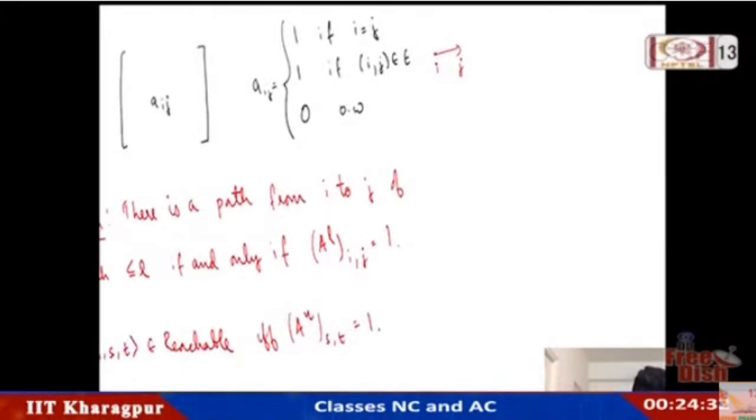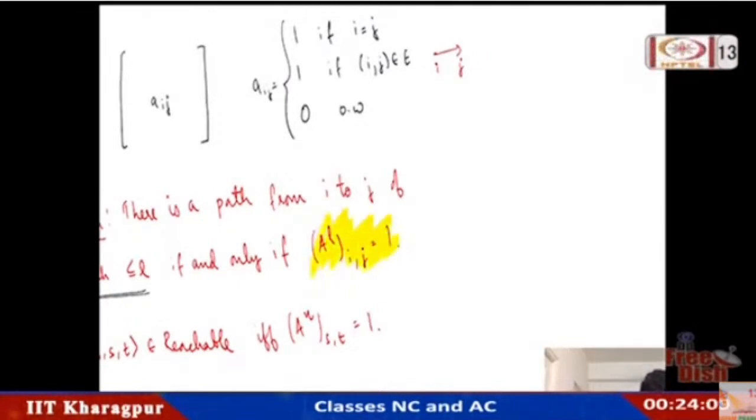The claim is that there is a path from i to j of length at most L if and only if you take the Lth power of A and its ijth entry is 1.